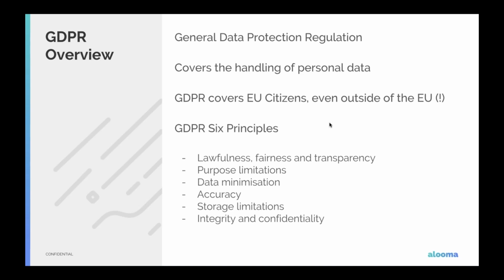We have to keep the data as accurate as possible. We cannot store it forever. For example, we have to give users the ability to delete their own data. And we have to maintain the confidentiality of the data, so no data leaks. In order to comply with the regulation, we are obligated to maintain the data confidential.